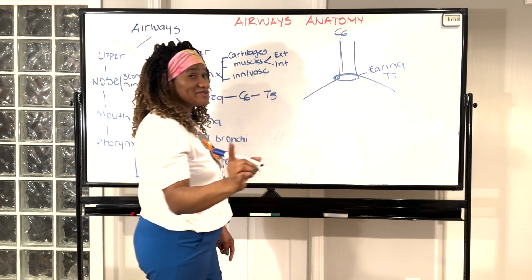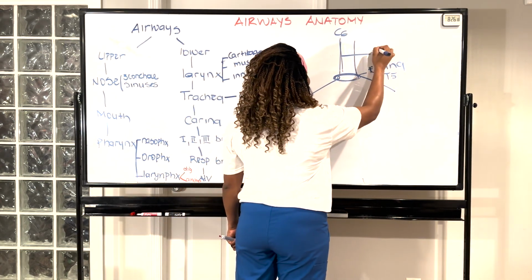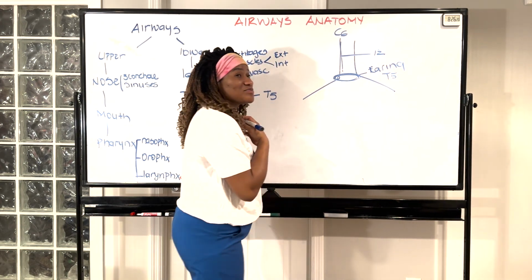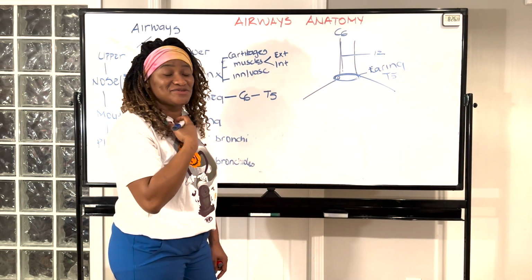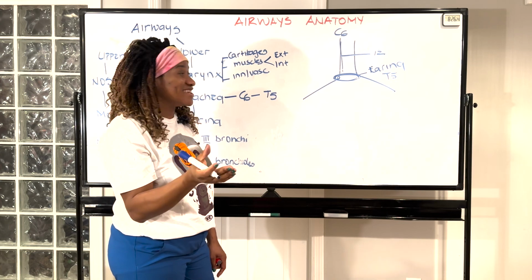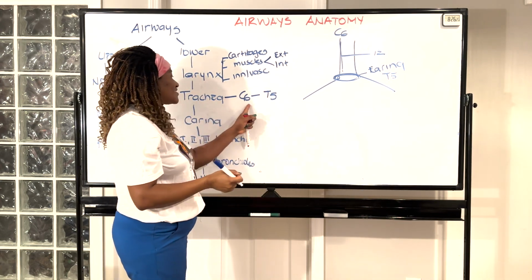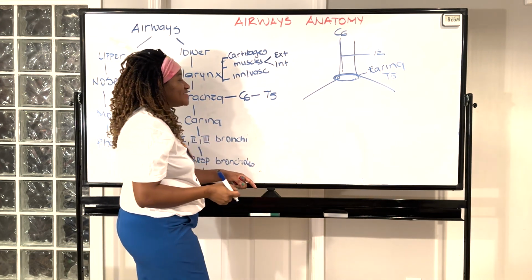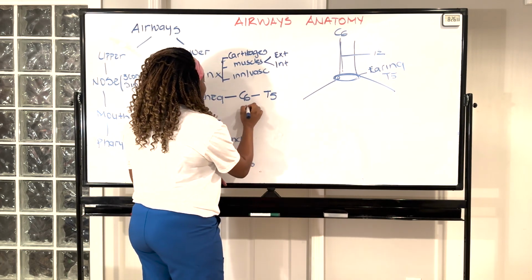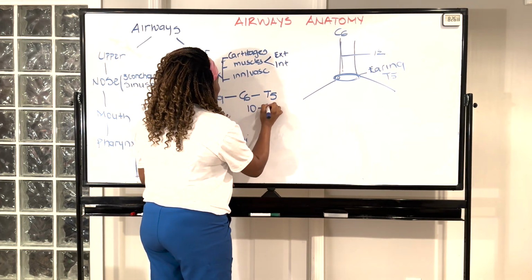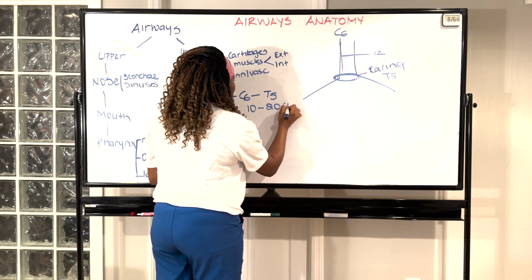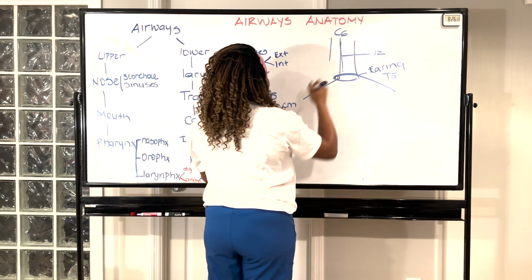And remember, you want your ET tube to end at T2, which is the suprasternal notch or the jugular notch. So your trachea goes from C6 to T5, and is 10 to 20 centimeters long.